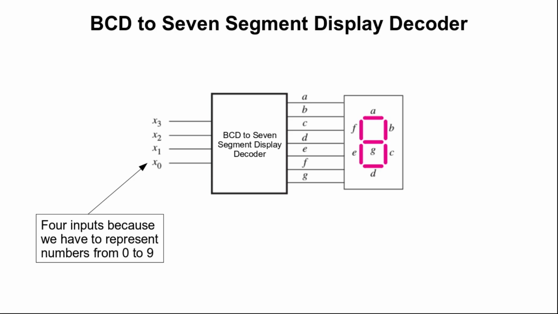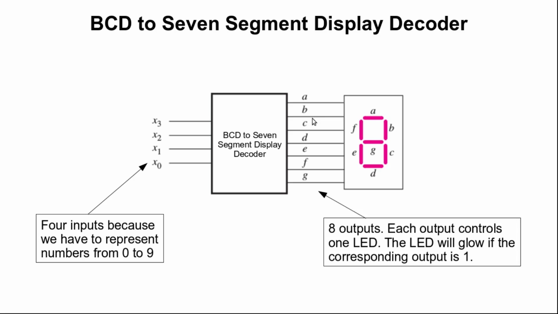And since we need to control 7 LEDs, we need to turn on or off these 7 LEDs, we need 7 outputs, 1 output for each LED.